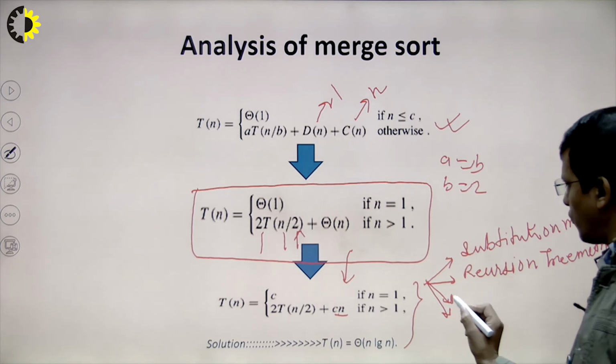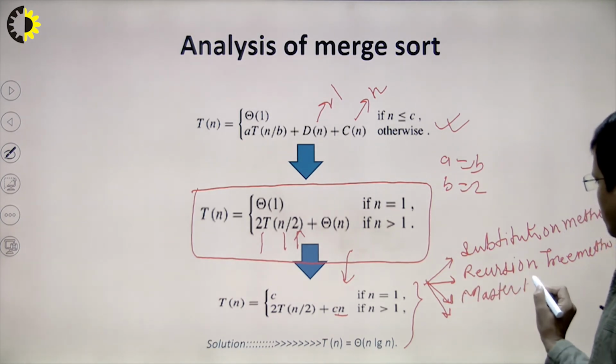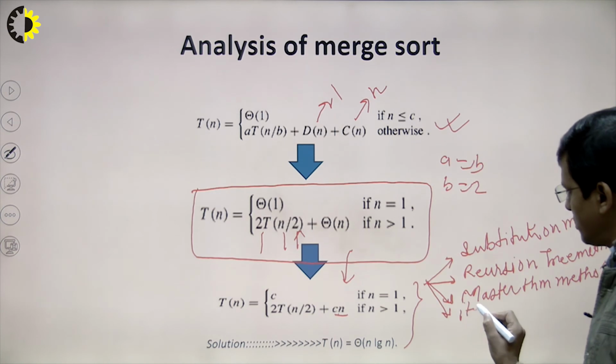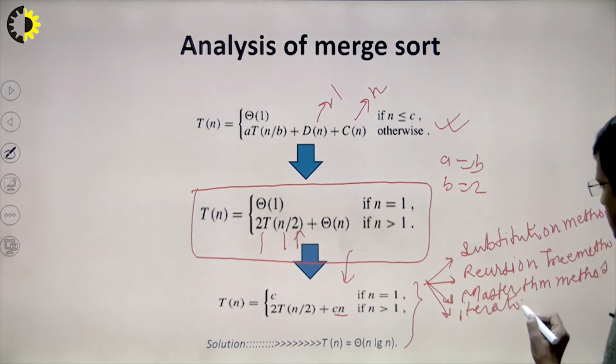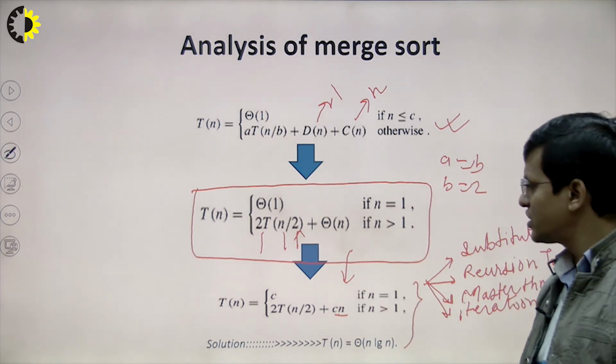The fourth is the master theorem method. And the last one is the iteration method. So we have four types of methods to solve the recurrence function.